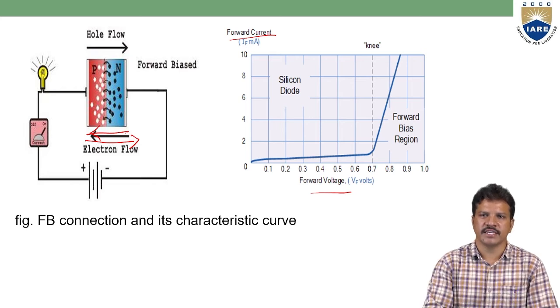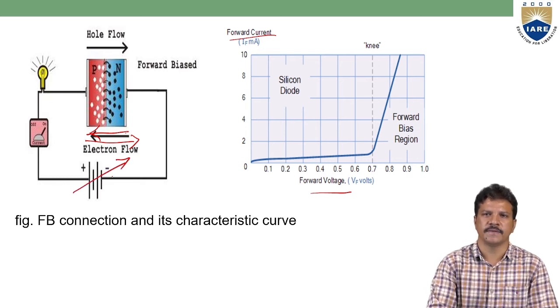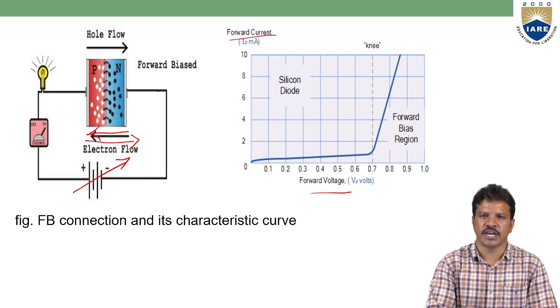In this case, let us take a silicon p-n junction diode, so its cut-in voltage, or its existing potential across the junction, is 0.7 V. Whenever we vary the external voltage up to this cut-in voltage of 0.7 V, there will be no progress in charge carriers moving across the junction.